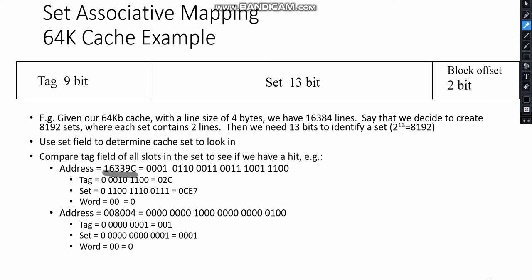It is in hexadecimal form, so if you convert it to binary, you will get this. As the tag is of 9 bits, it will be 000101100. Similarly, the block offset will be 2 bits, that is 00, and the rest is the set bit.